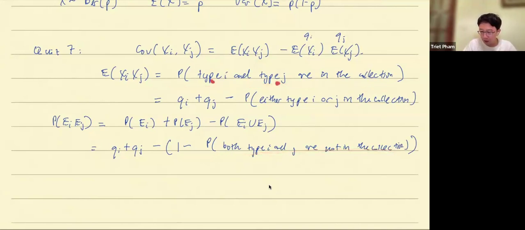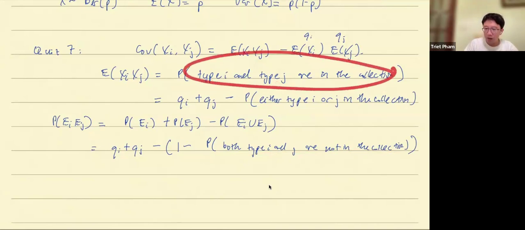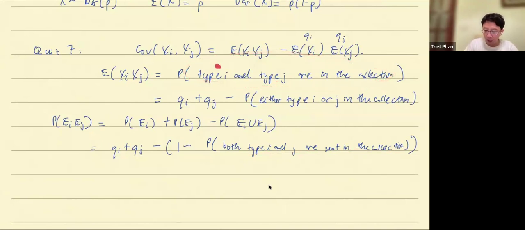The negation of this statement will be either type I or type J not in the collection, right? Not both. Here we're saying both type I and J are not in the collection. Okay, so this should not be that hard, but it's a little bit subtle to do precisely. And these are the right steps.